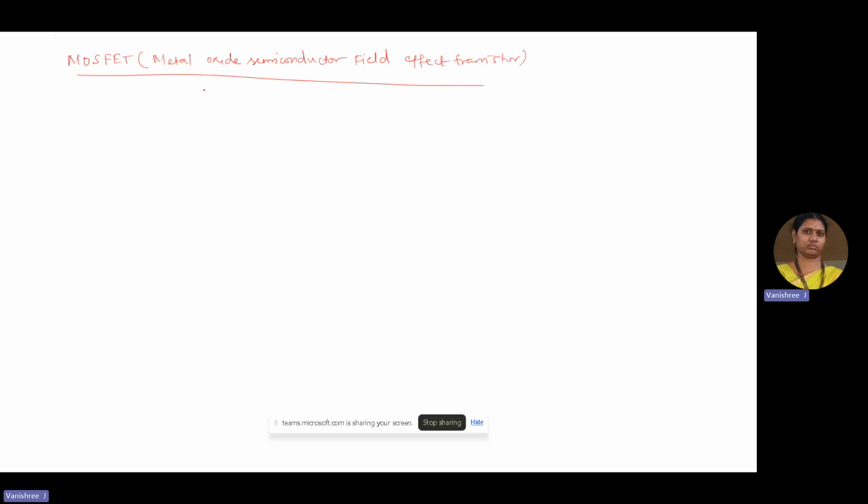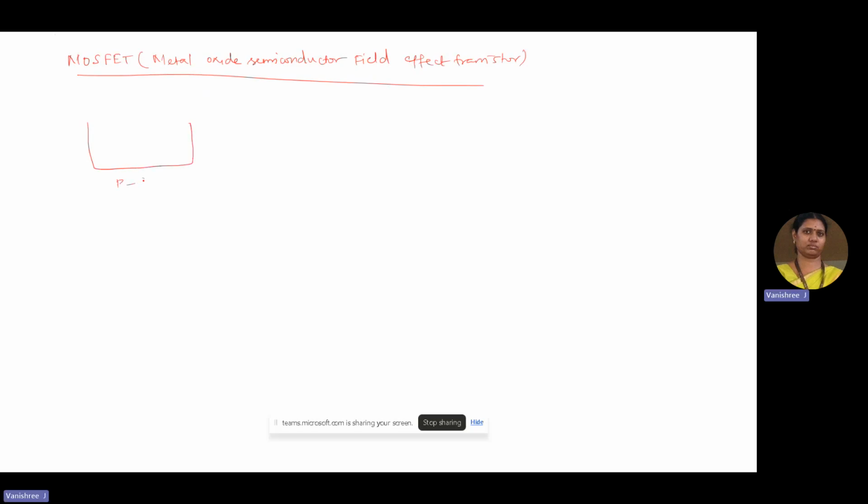So coming to the MOSFET, first let us just see the construction of MOSFET. So we know in general, we have two types of semiconductor materials, P-type and N-type. So here, if the substrate is a P-type substrate, the substrate can be imagined as a tub-like structure.